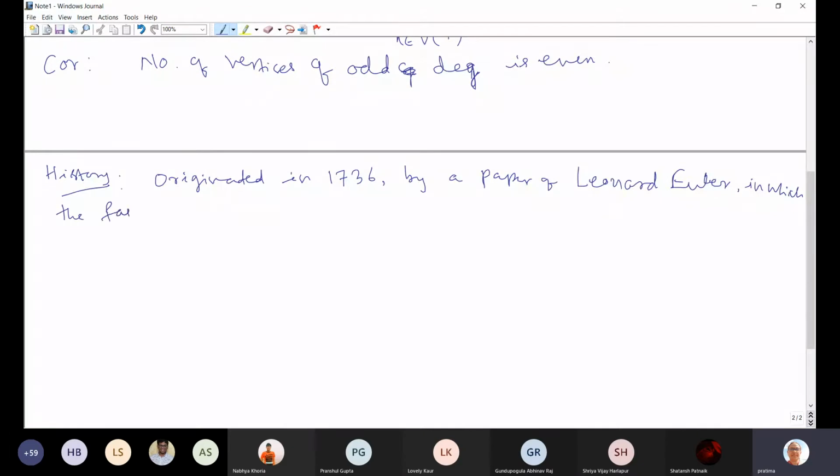I'll tell you what this Königsberg bridge problem is.